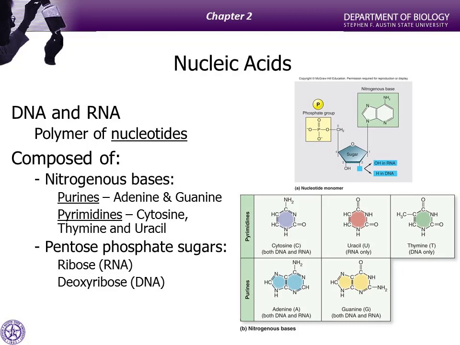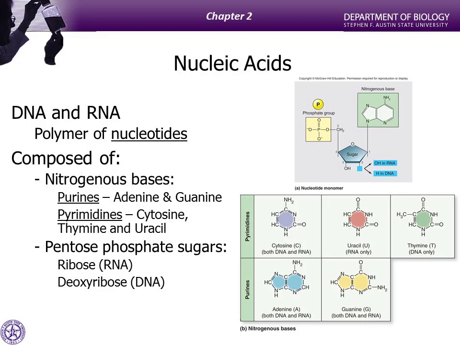And for DNA, what is the sugar that is a part of our DNA molecule? Deoxyribose sugar. It's hard to believe that your genetic code is sugar. I like to think of sugar in a very different way, like in my jelly donut. But your DNA is sugar. And the sugars are linked together by phosphate groups.